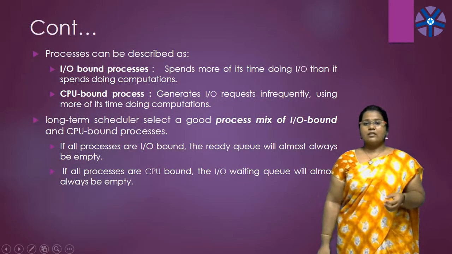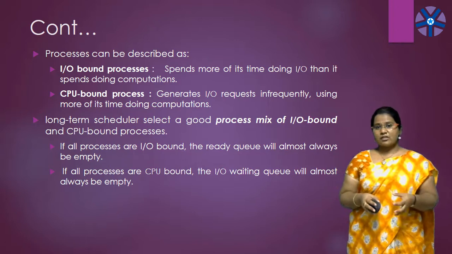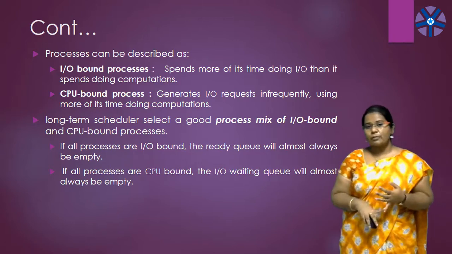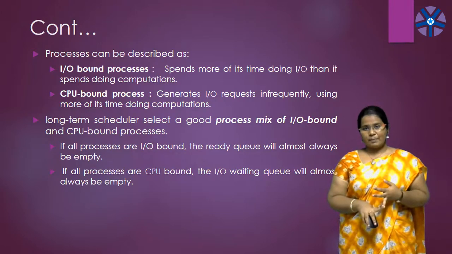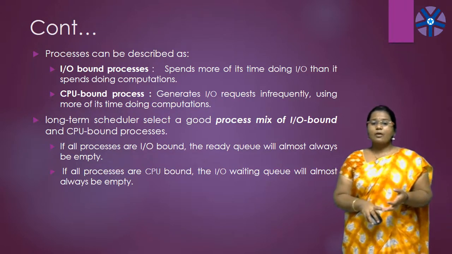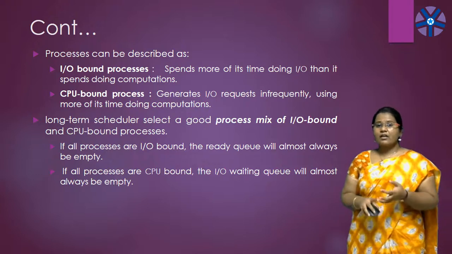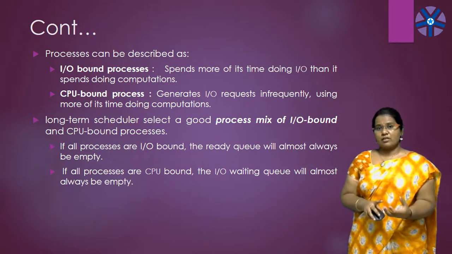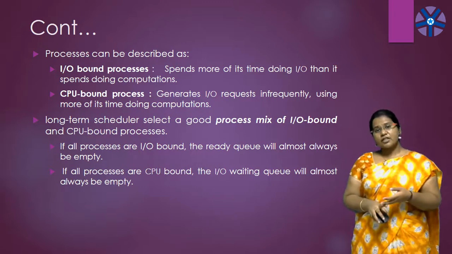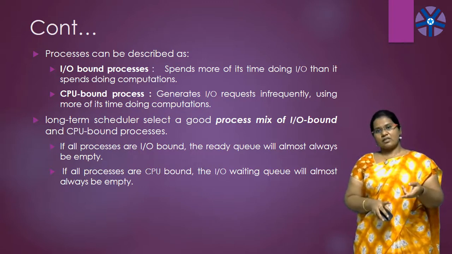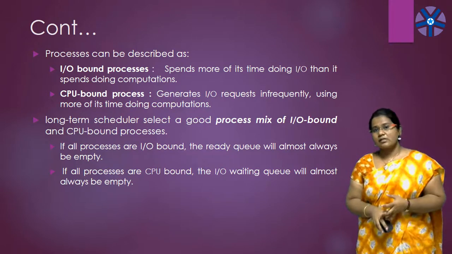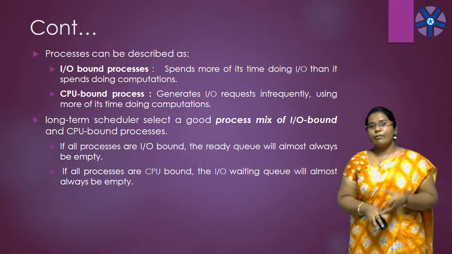These processes can be divided into two types. One is the IO bound process and the other is the CPU bound process. If your process has more IO requests, say for example, you have 30 instructions, out of which 20 are IO instructions and 10 are computational instructions, then your process is said to be an IO bound process.